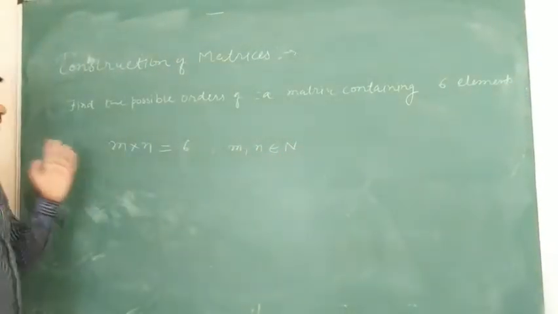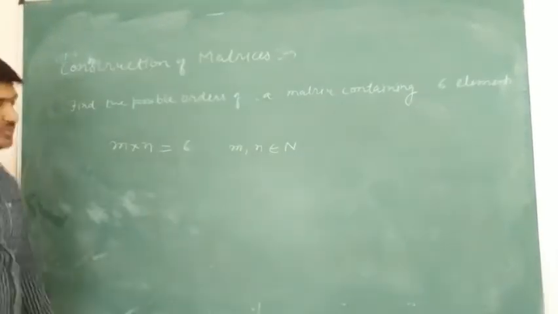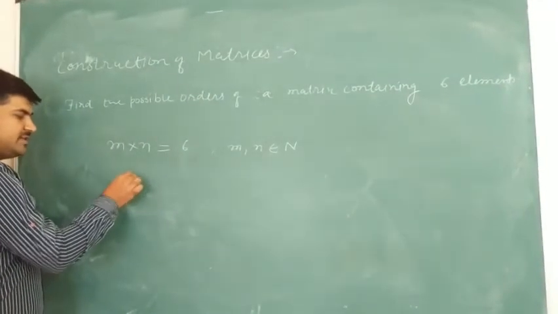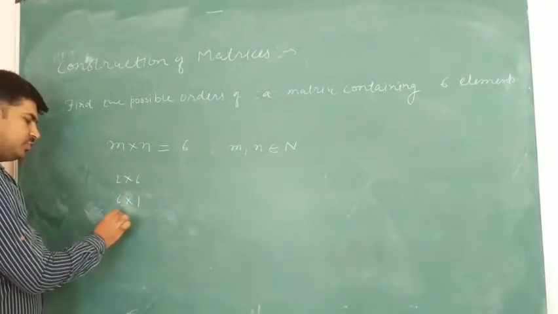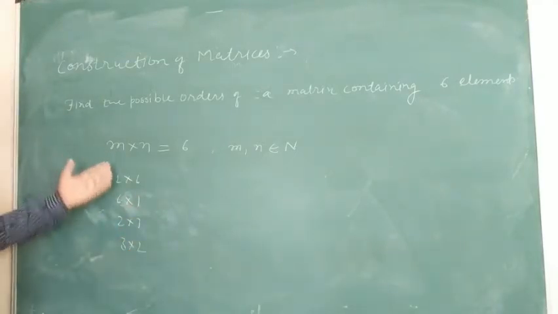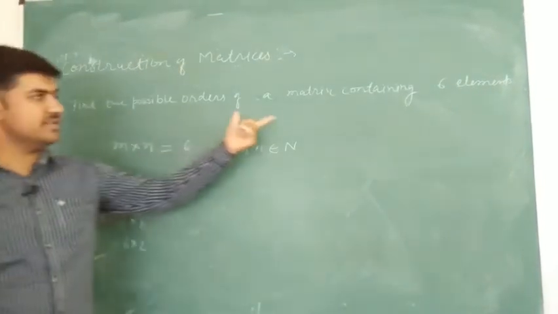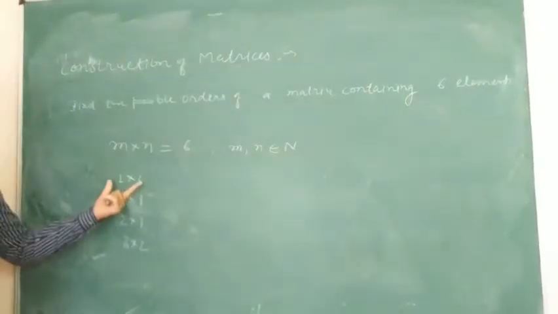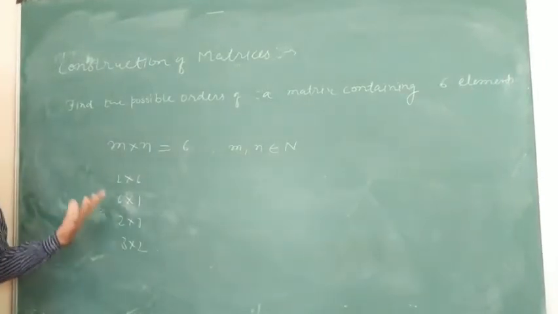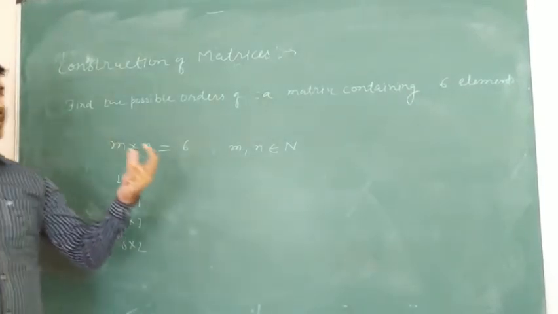So for what natural number values of m and n is m times n equal to 6? The possible values may be 1 by 6 or 6 by 1, 2 by 3 or 3 by 2. Therefore, the possible orders of a matrix containing 6 elements are 1 by 6, 6 by 1, 2 by 3 and 3 by 2.